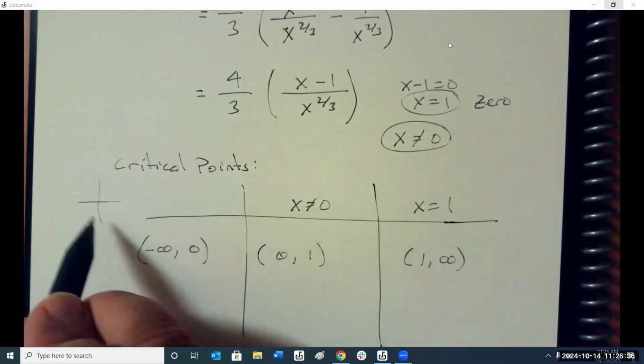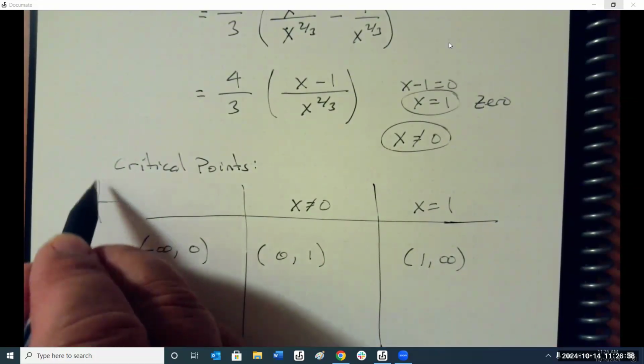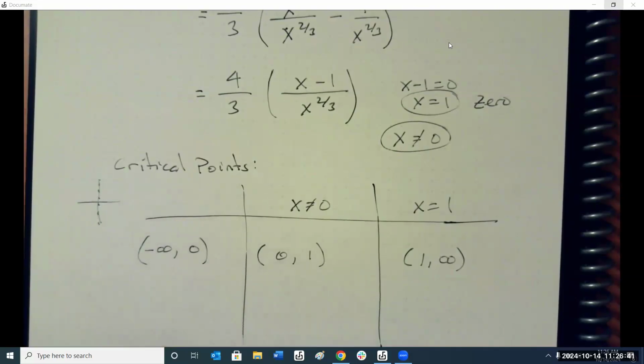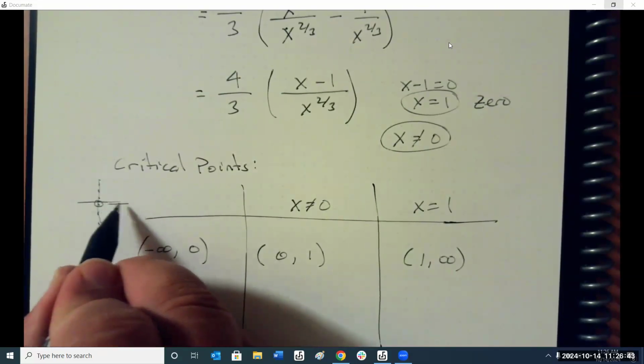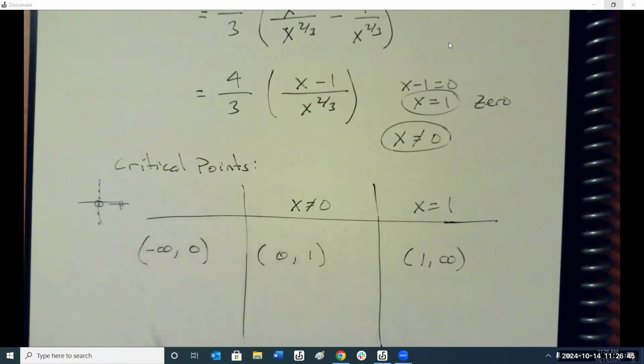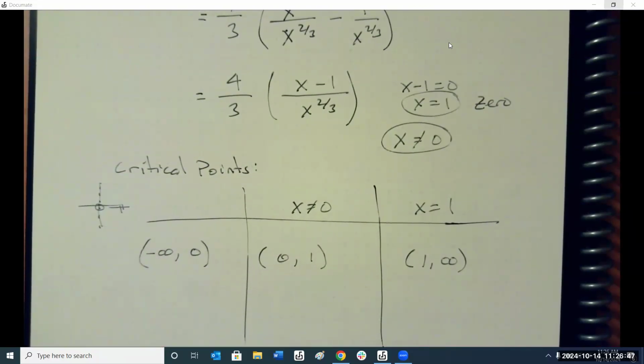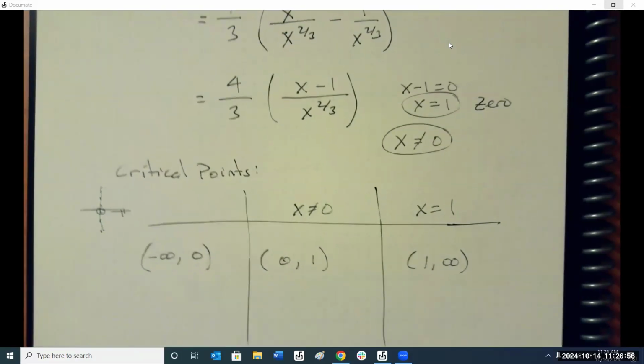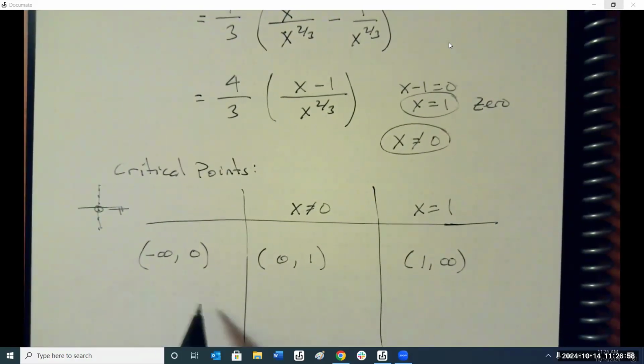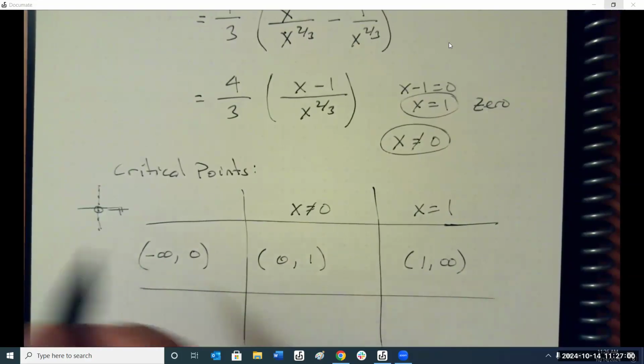Because on our graph, we can't use 0, and 1, we said that equals 0, so that's our 0. Our vertex will be at that point. So let's look at, these are the intervals.